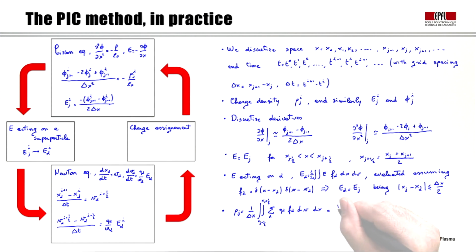This is in other terms equal to 1 over delta x times the sum over all particles that belong to the jth cell of q alpha.